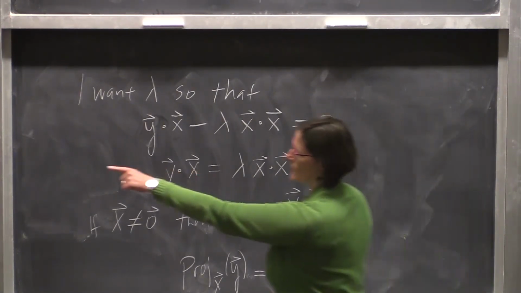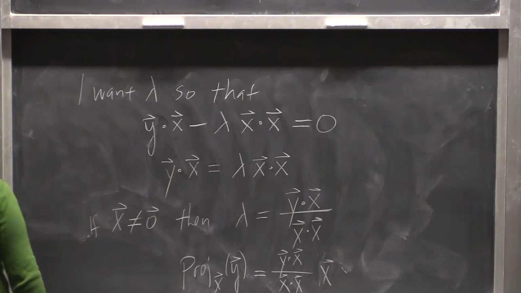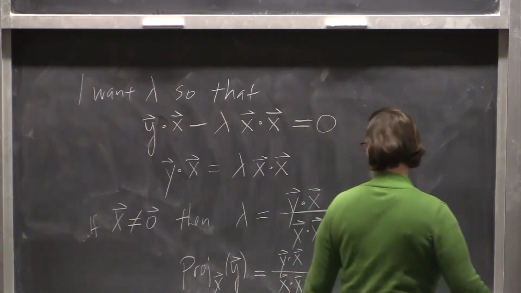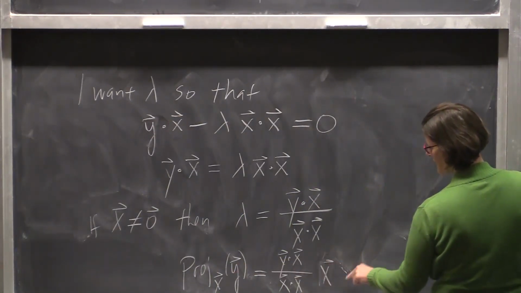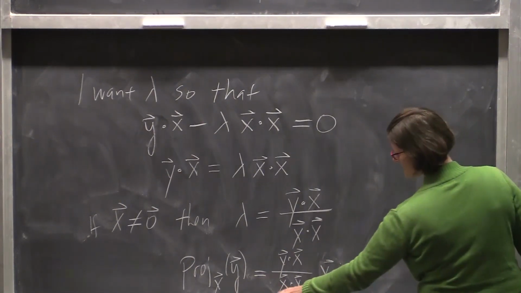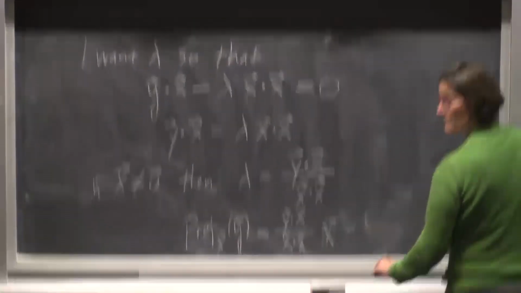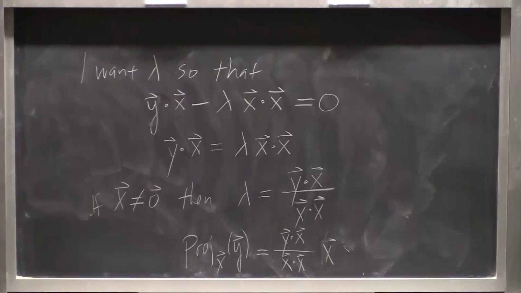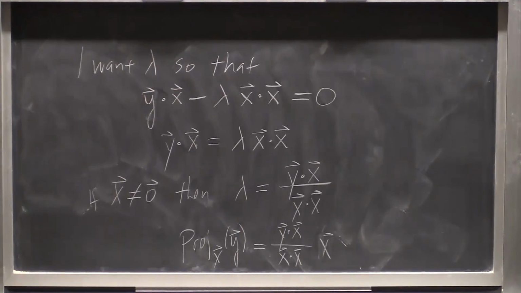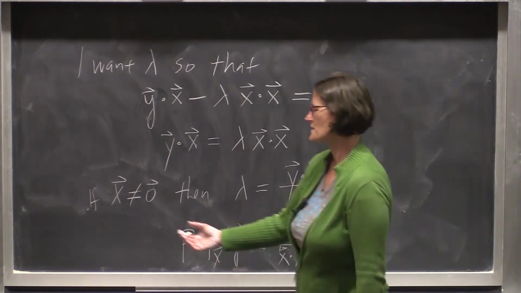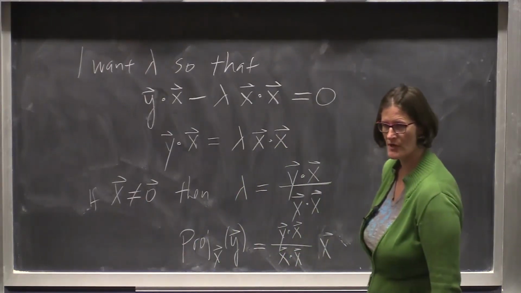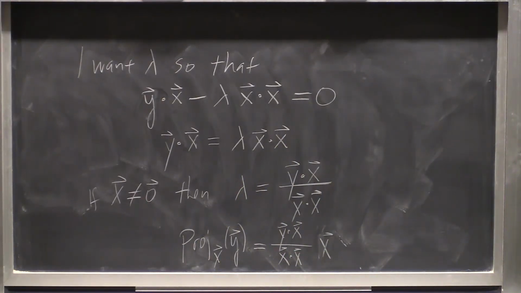Because I figured out what lambda is. So the projection is collinear with the vector x, and this is the multiplier. So I don't know which derivation you like better. Both are correct. Both lead to the same formula. Here, in general, you don't project onto the 0 vector. Everything falls apart if you try to project onto the 0 vector. Don't try it.